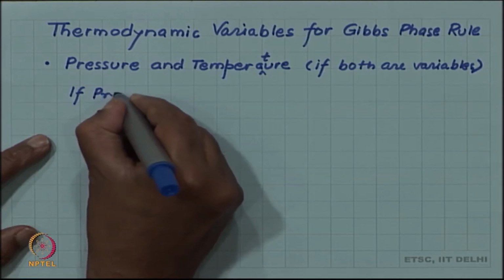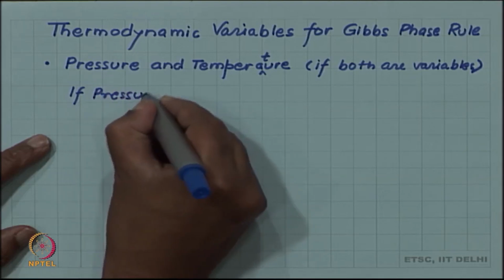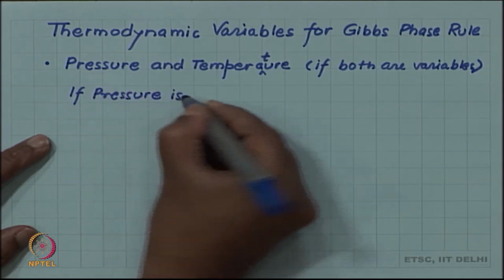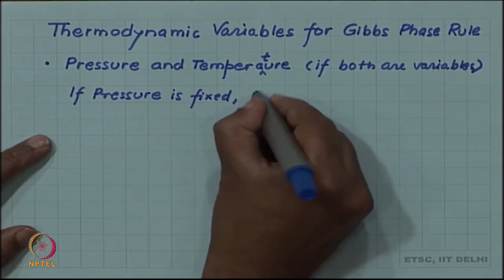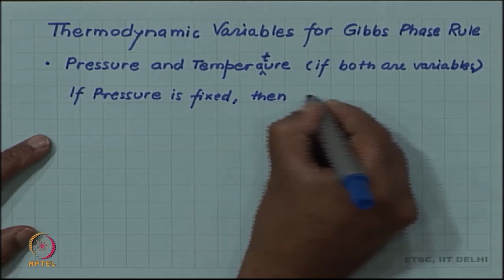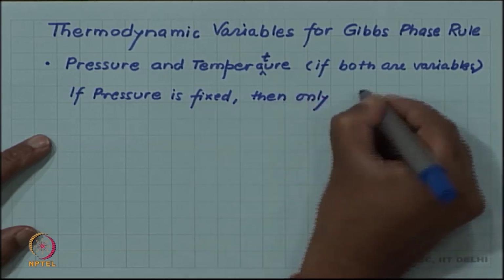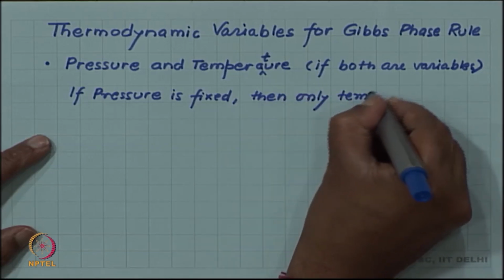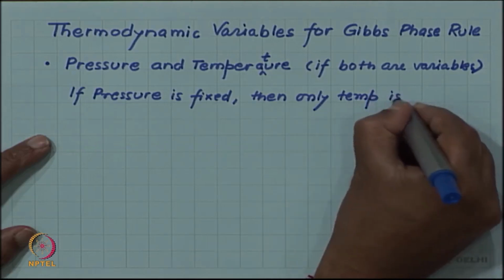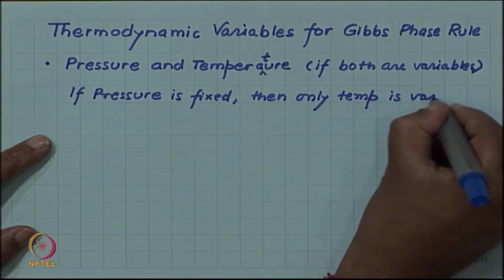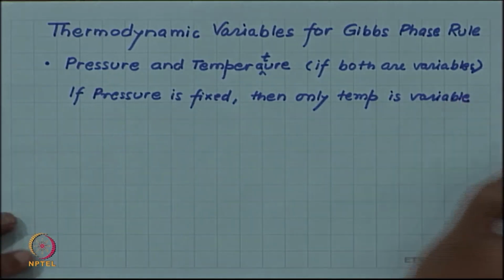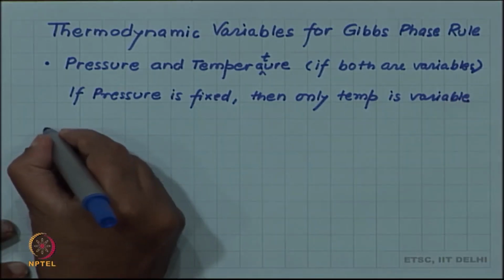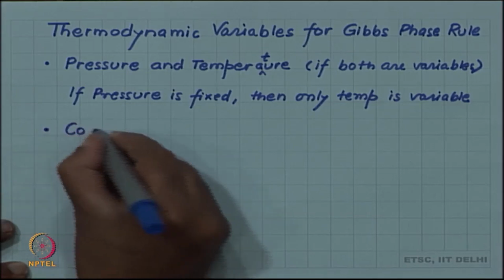So, if pressure is fixed, then only temperature is variable. But pressure and temperature are not the only variable, then we have composition variables.